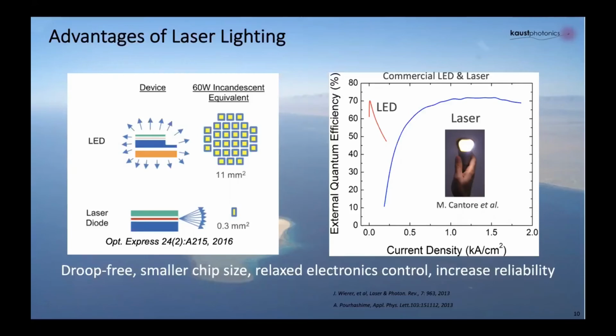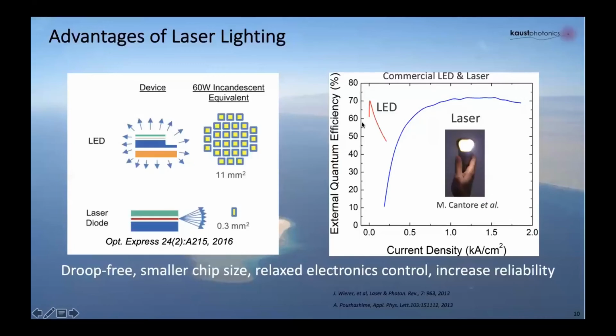Since LED is spontaneous emission, which is random radiation in all different directions and angles, collecting all that light is highly challenging. As for laser, it is a focused beam. Using only one single laser with a size of about 0.3 square millimeter, you can get to a 60 watt incandescent equivalent.